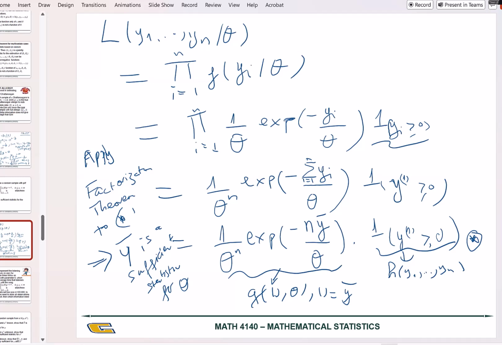Here you have a function of just two things, u and theta, which means you have a sufficient statistic in this case.